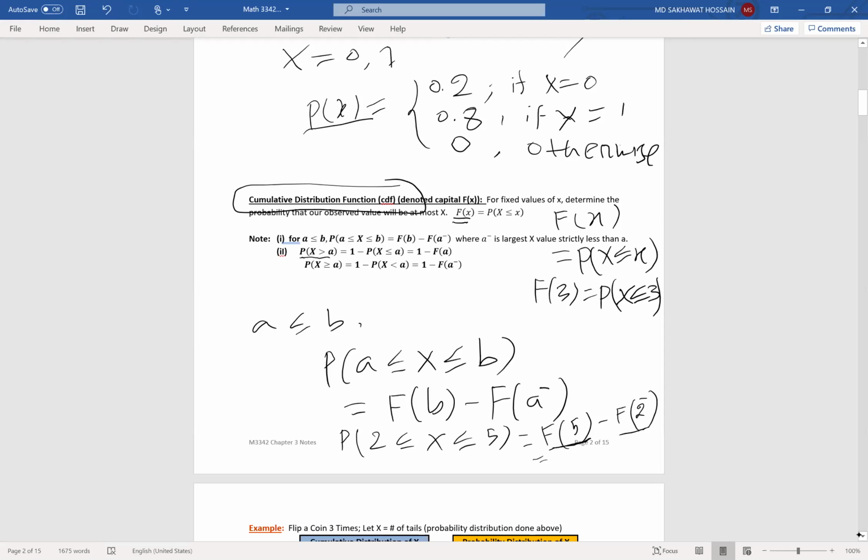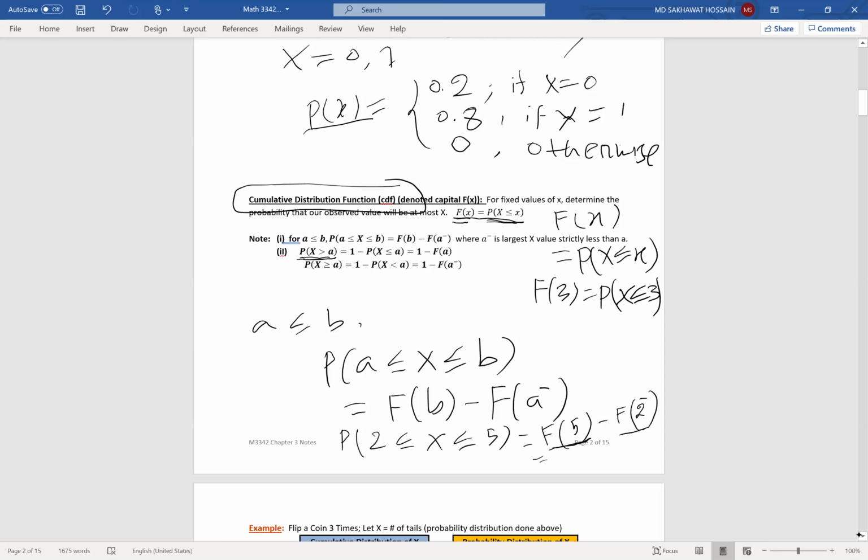If you look at the definition of the CDF function, F of x is equal to the probability of X less than or equal to x. So it will always give you the probability where x is less than or equal to some number. But here we want to find the probability where x is greater than a, so you cannot directly use the CDF function.